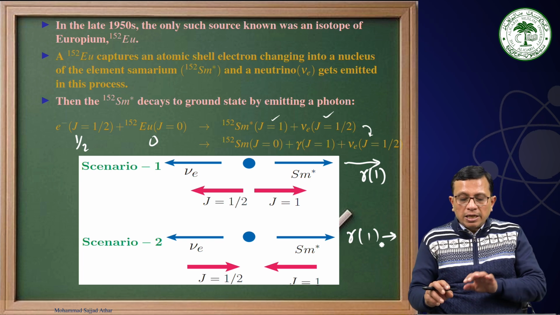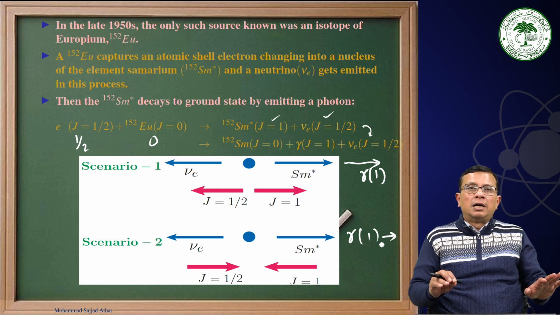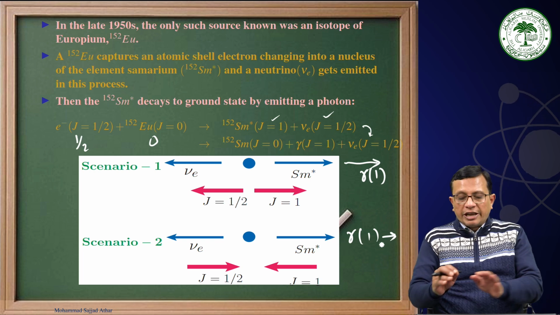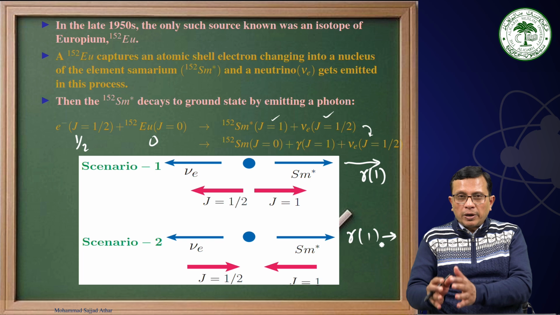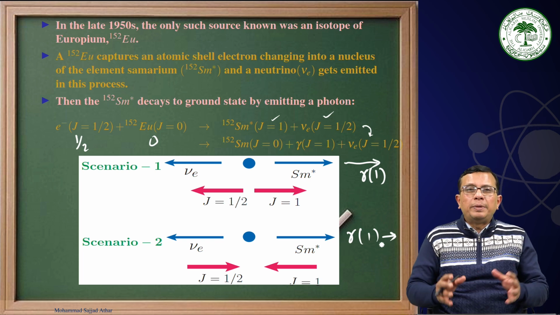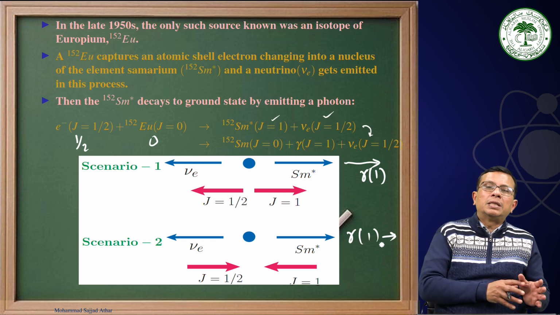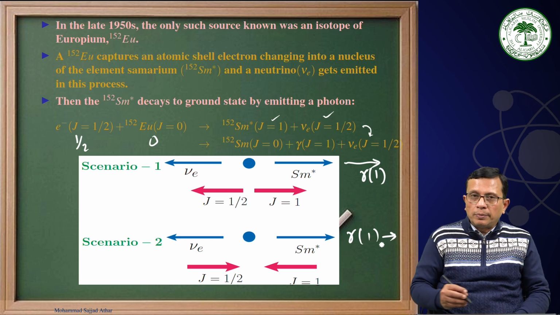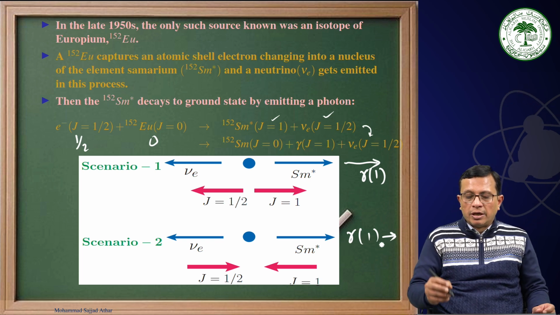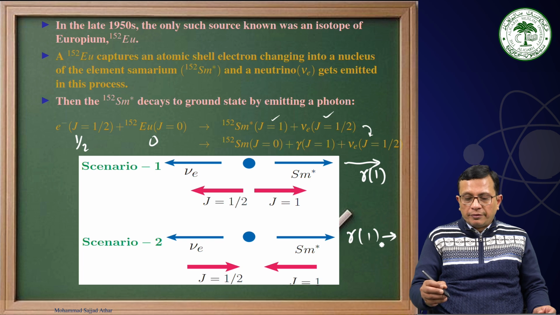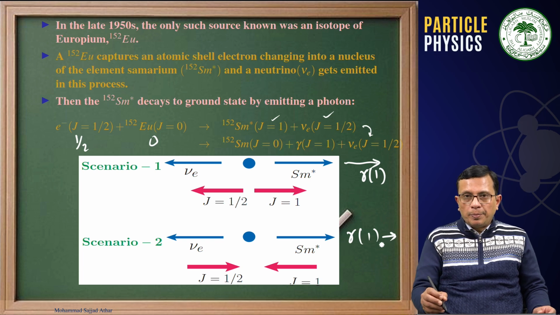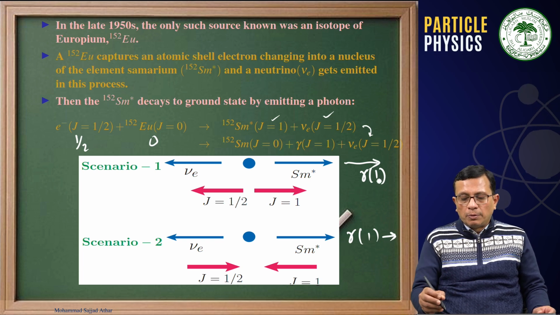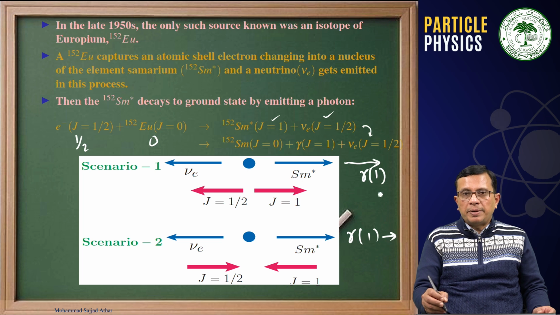That means there is no need to determine the helicity of the neutrino directly. If we determine the polarization of the photon, we will be able to tell what the helicity of the neutrino is. This is what was done, since from angular momentum conservation, we took the example where we had the linear momentum and angular momentum in the same direction.